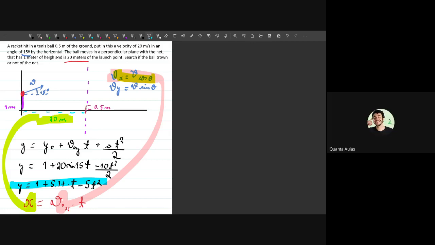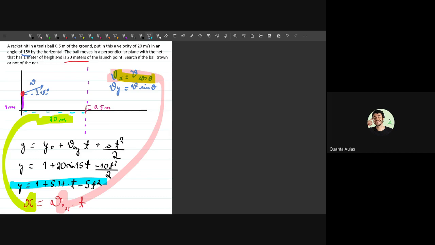This problem is just a real physics problem in the real world. So it's very interesting to understand and do the mathematization of this real problem.